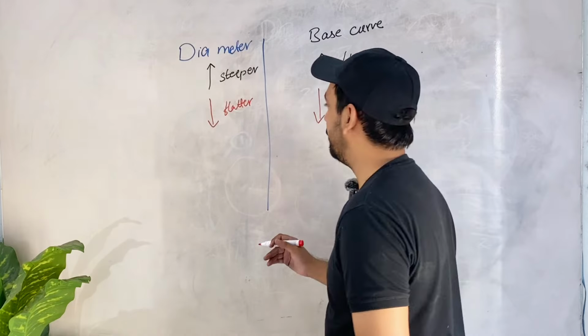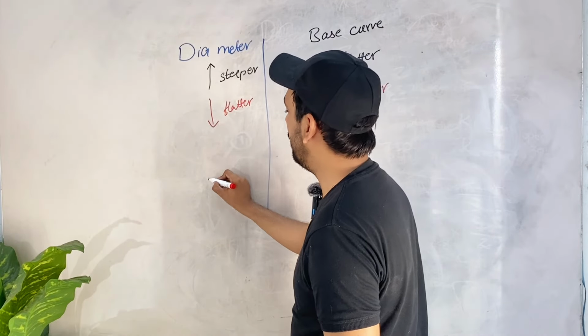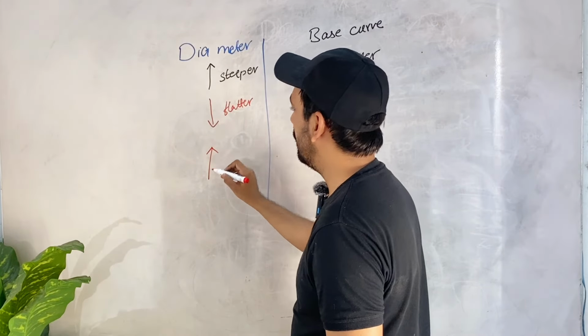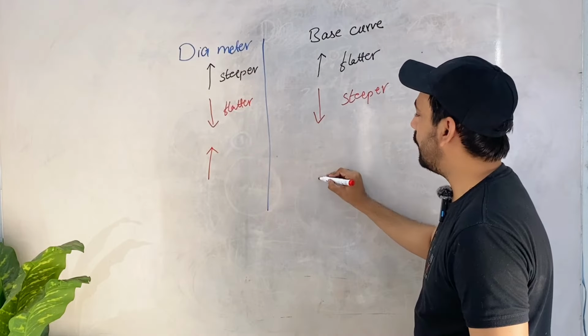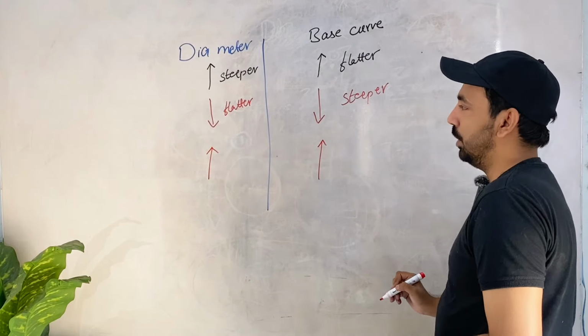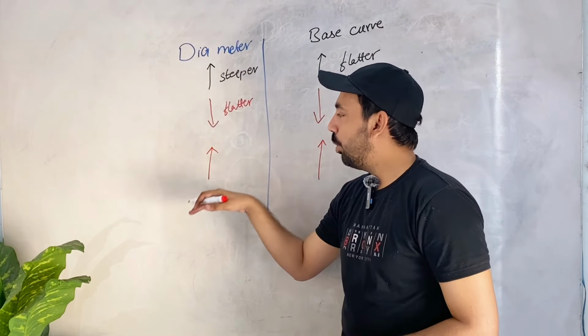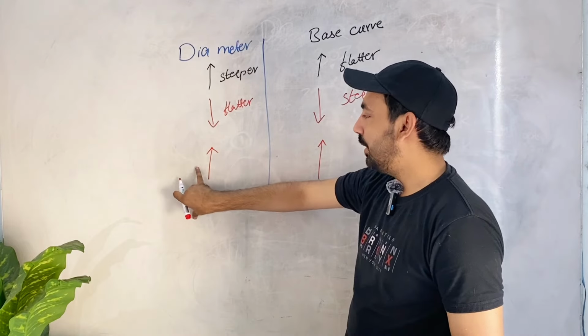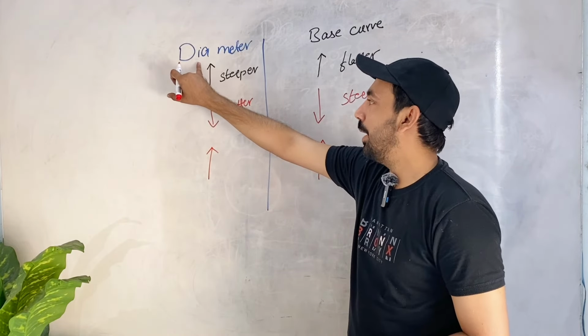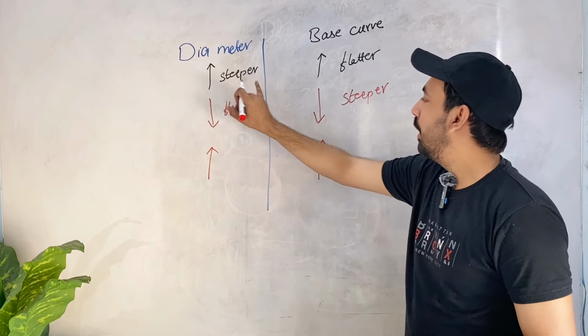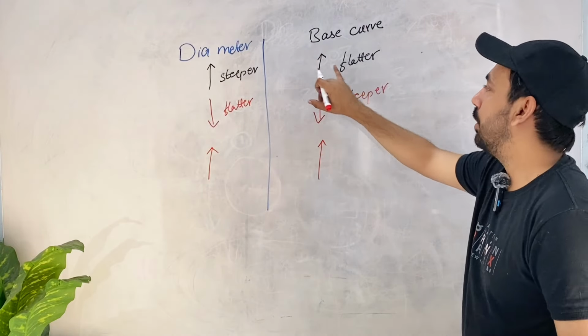So what if I increase the diameter and also increase the base curve? You know very well about the concept. If you increase the diameter, your lens will be more steeper, right? And if you increase the base curve, your lens will be more flatter.